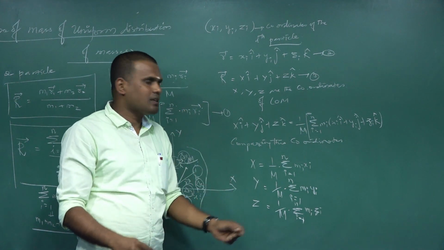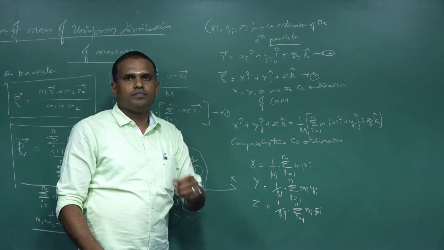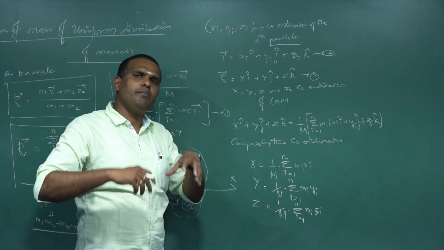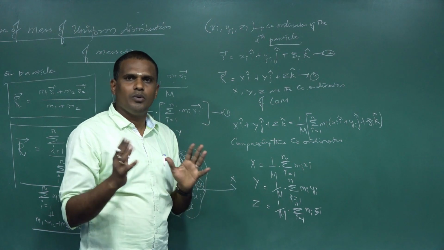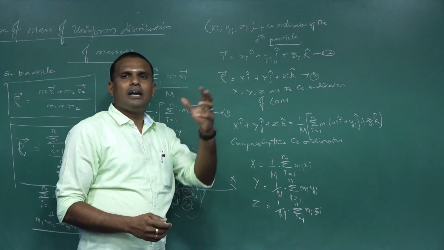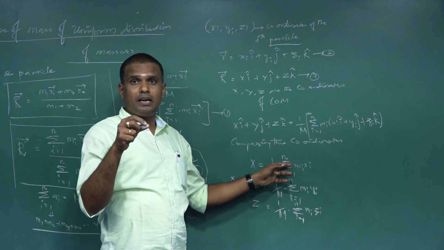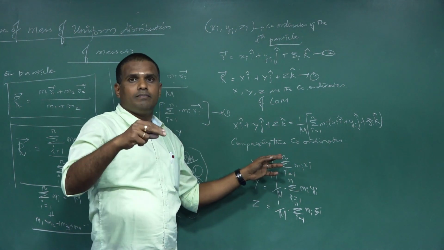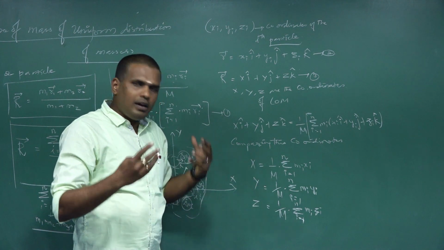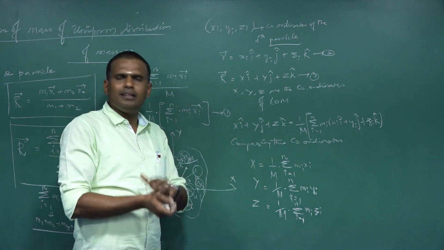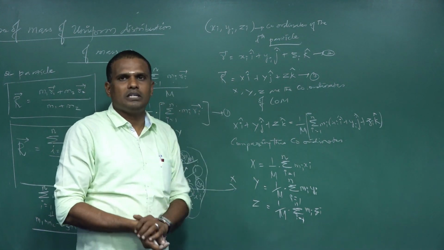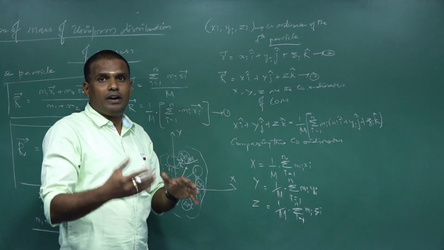Atoms and molecules are very minute and very large in number, so carrying out summation for all such particles may lead to wrong results. In order to bring out exact results, we are going for a different idea.